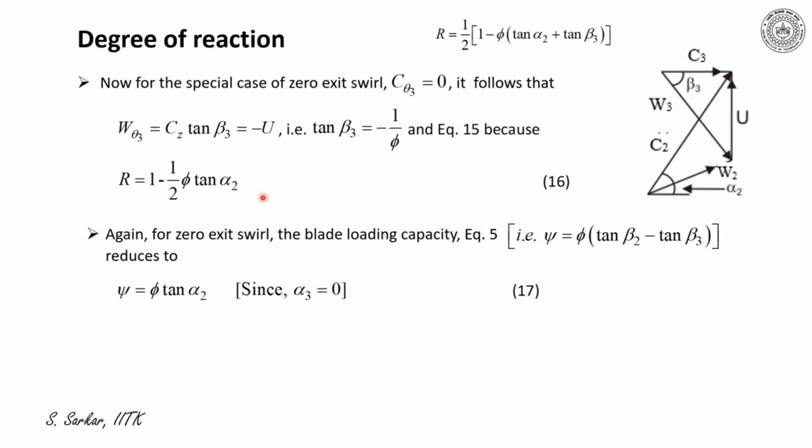When c3 becomes axial, furthermore, for zero exit swirl, the blade loading capacity becomes, from equation 5, psi is equal to phi into tan alpha 2, since here alpha 3 becomes 0. Thus, for axial outlet velocity, r becomes 1 minus half phi into tan alpha 2, and psi is equal to phi into tan alpha 2.